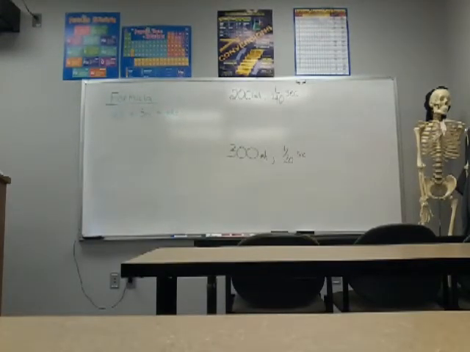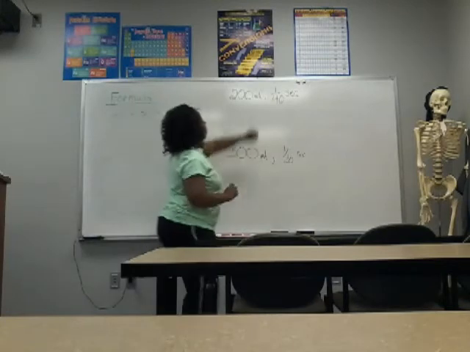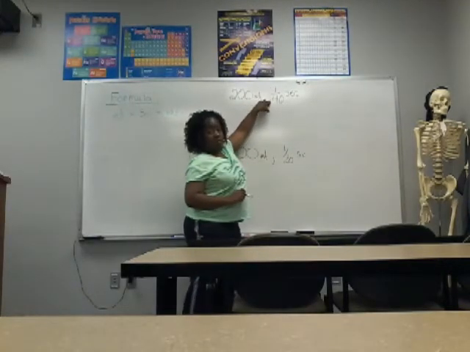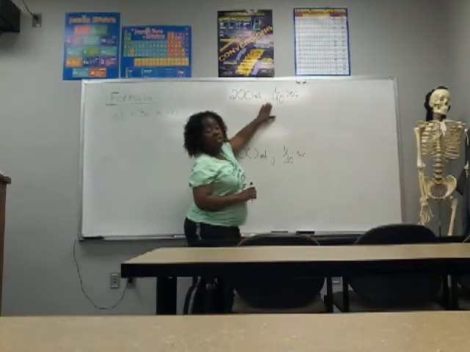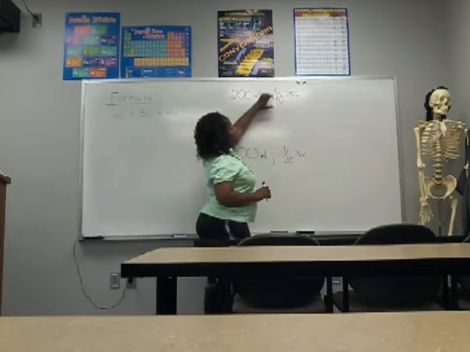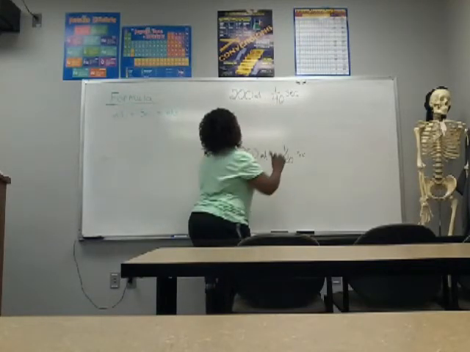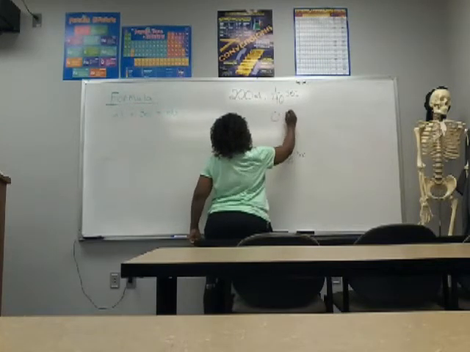For the next set of problems, we're going to use fractions for the seconds, but it's going to turn out to be the same way. To make this easier for us, we're going to convert that fraction into a decimal form first and then multiply in the formula for the mass. One divided by 40, because whenever you want to convert a fraction into a decimal form, you take the 1 divided by 40, which equals 0.025.